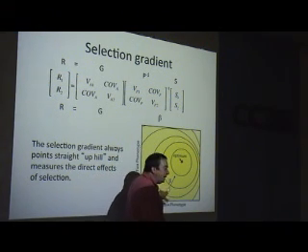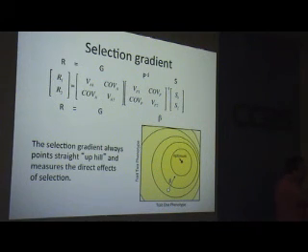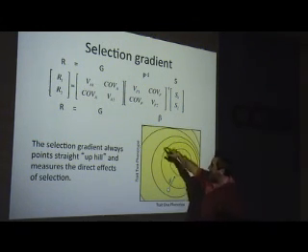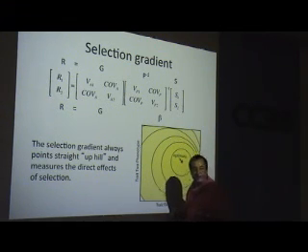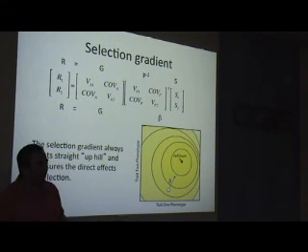This is where the population is. And what beta does is it always points directly uphill, exactly at this optimum. Regardless of where the population is, it always points directly uphill. The S vector isn't going to do that because it's got the correlations in it.